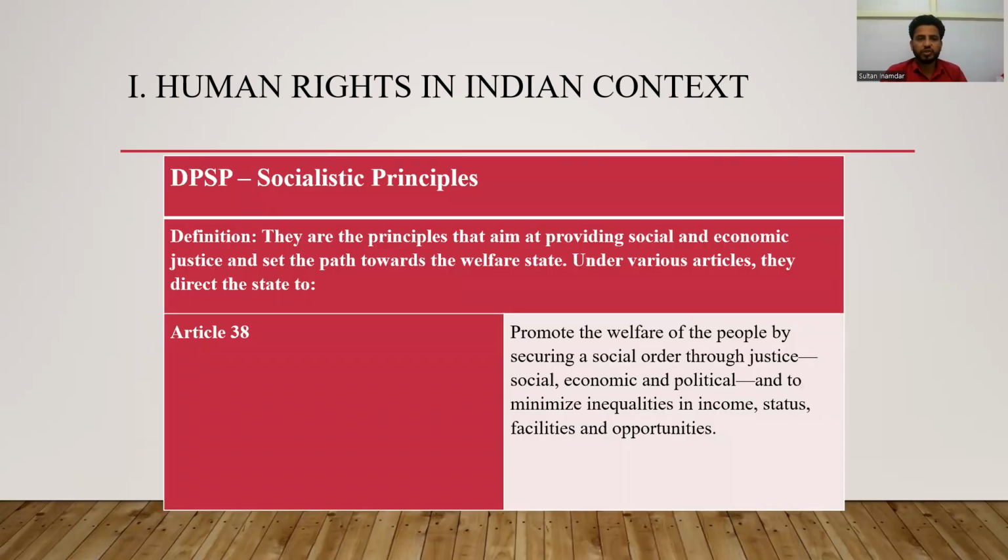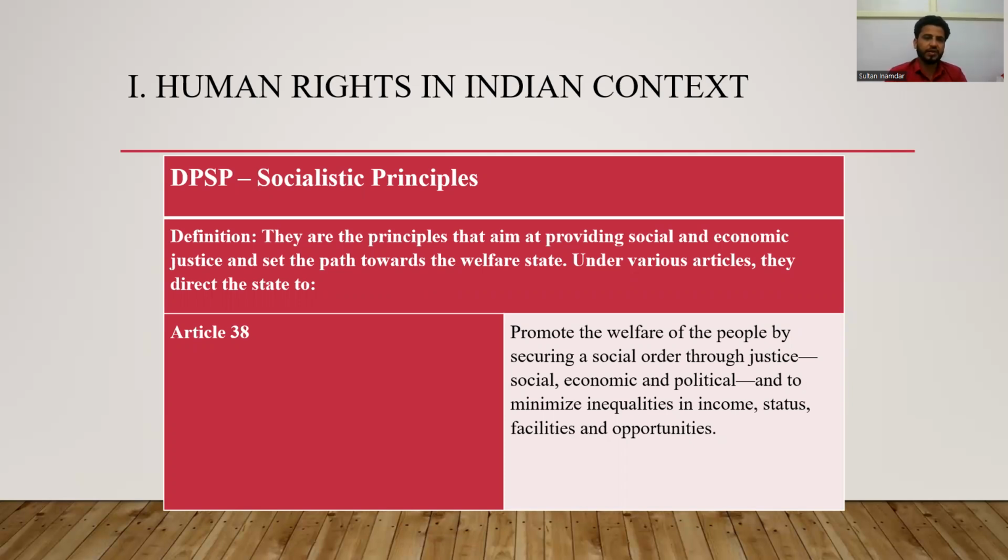First one is socialistic principles. They are the principles that aim at providing social and economic justice. It's all about economic justice. Whenever it comes to socialistic principles, socialism always ensures that the gap between rich and poor shall be minimized. Rich should not become richer and poor should not become poorer. An egalitarian society is envisioned by socialistic principles.